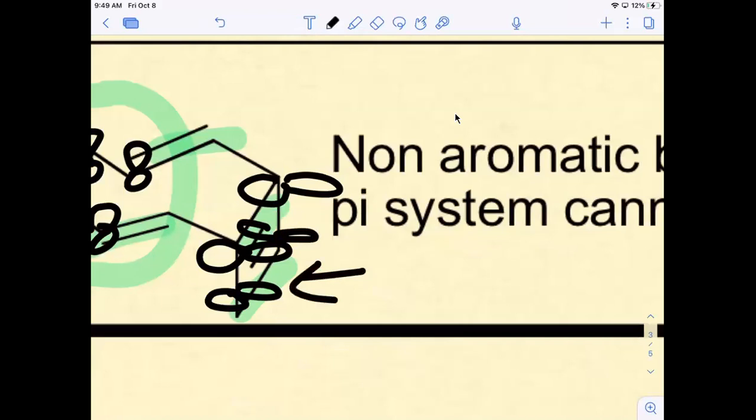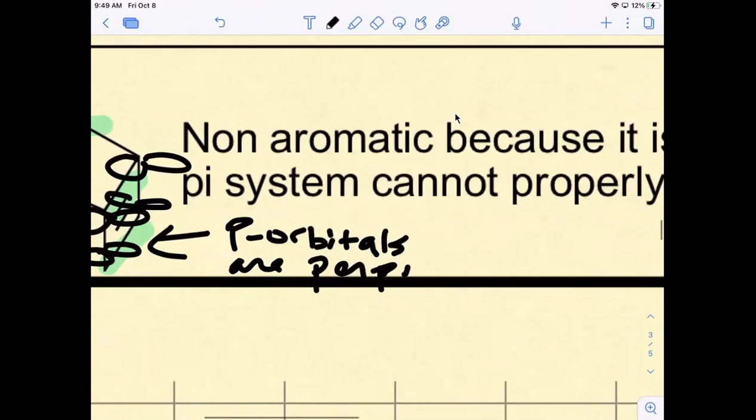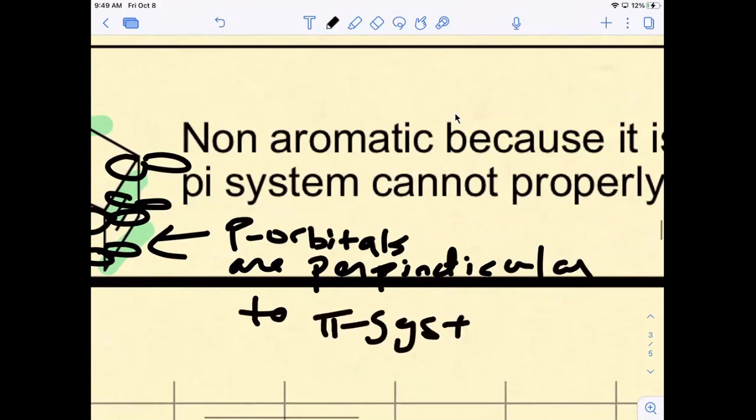So these p orbitals, they're perpendicular to the pi system.